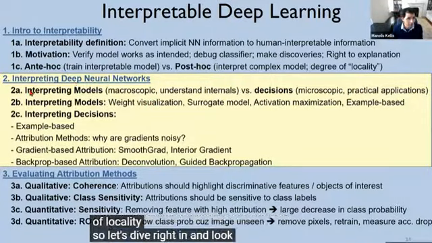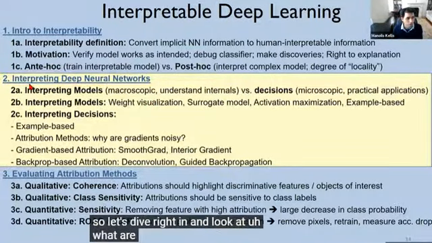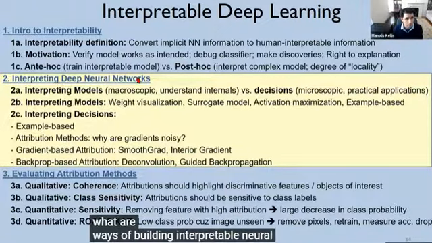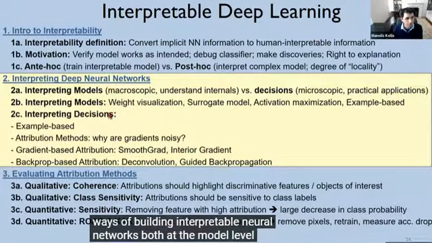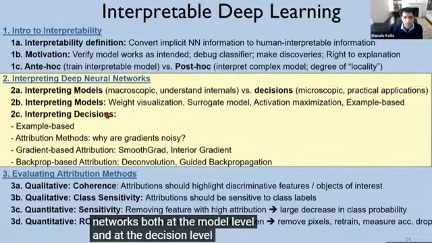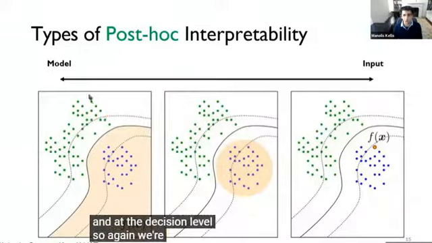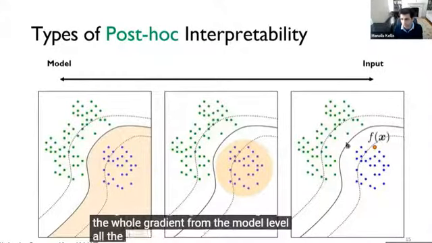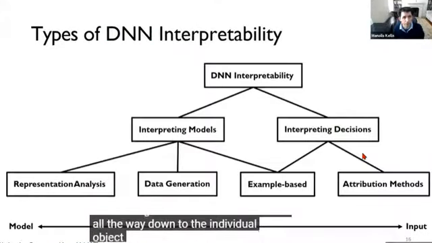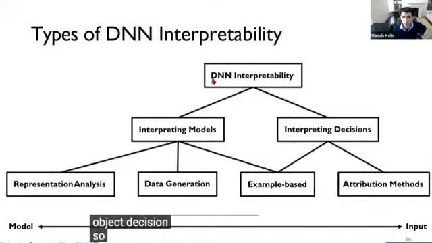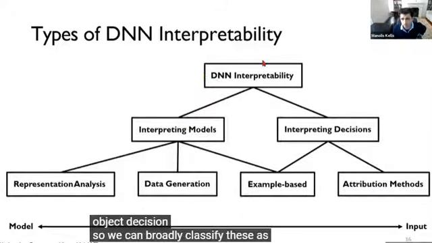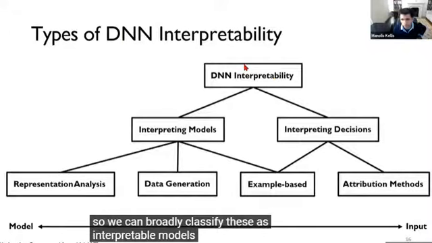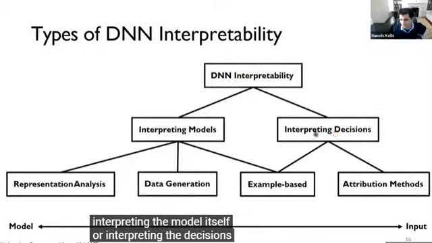So let's dive right in and look at ways of building interpretable neural networks, both at the model level and at the decision level. Again, we're going to be looking at the whole gradient from the model level all the way down to the individual object decision. We can broadly classify these as interpretable models that are either interpreting the model itself or interpreting the decisions.